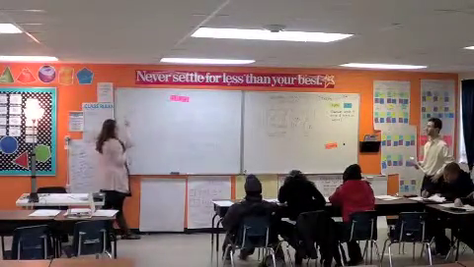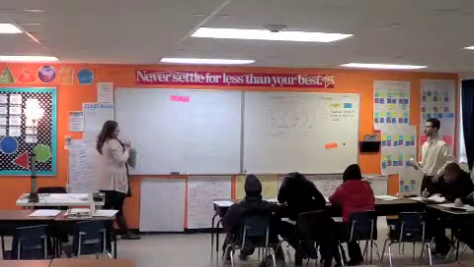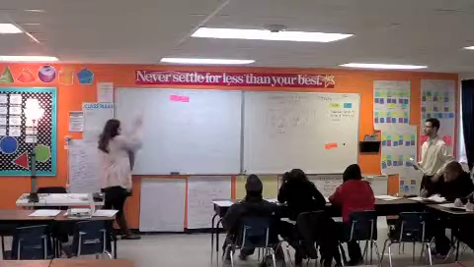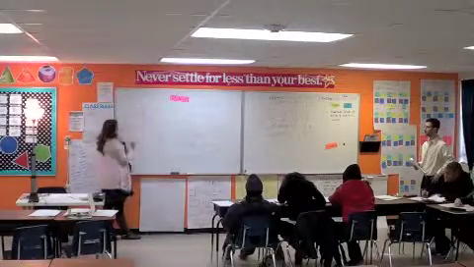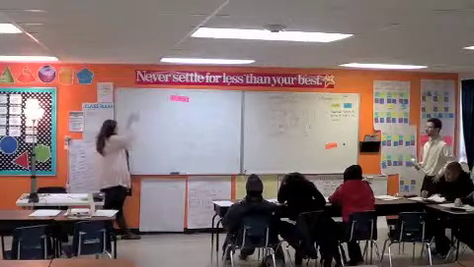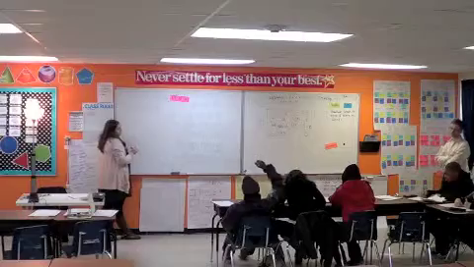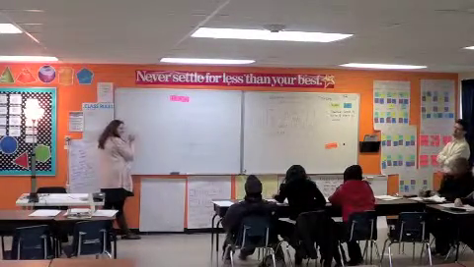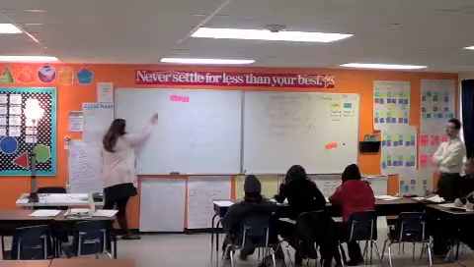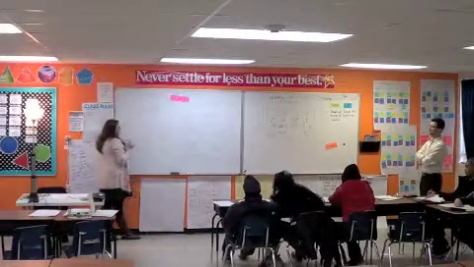Negative. What's 7 minus 5? What's 5 minus 5? So it's negative 20 equals negative 10t. How do I get rid of that negative 10? Divide. And now I have t equals what?